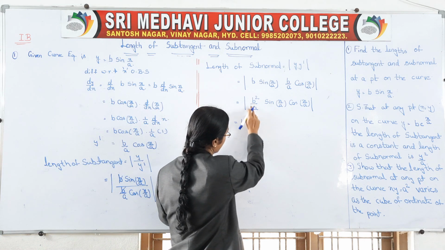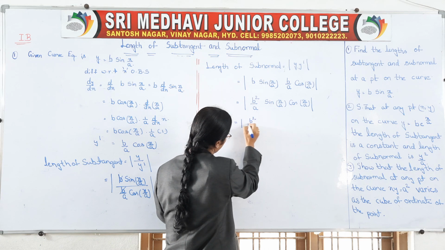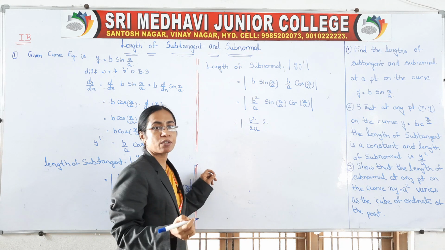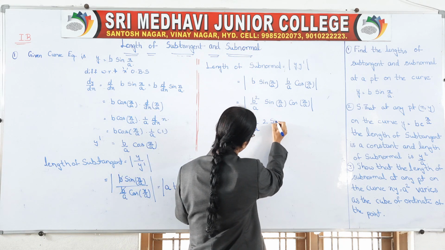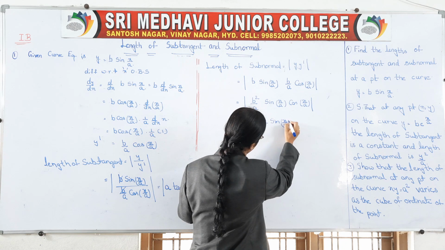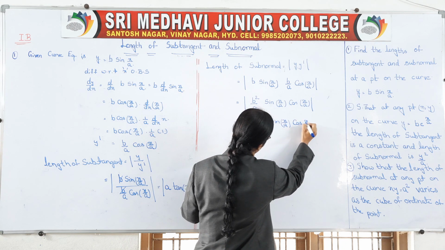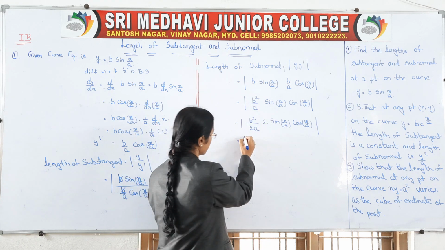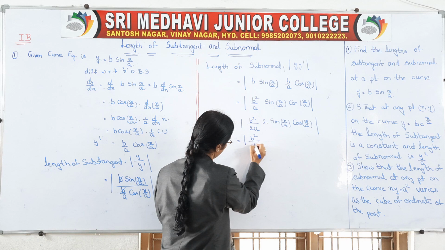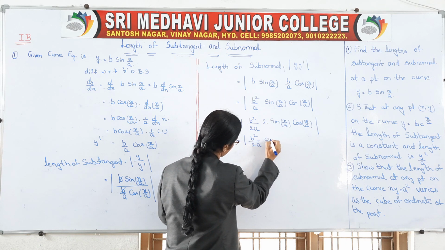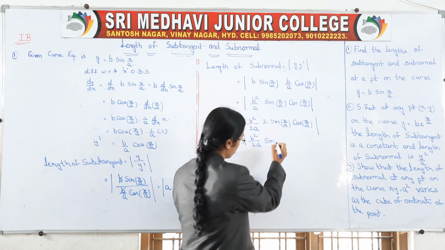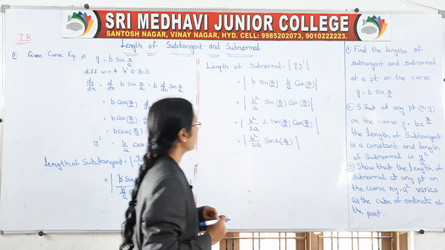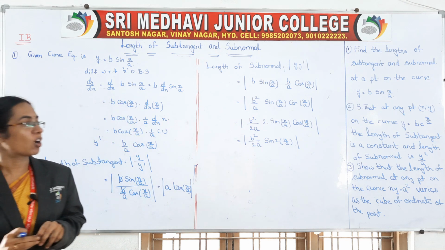So multiplying and dividing, b square by 2a, along with this we can take 2 into sin of x by a into cos of x by a. Okay, so it is nothing but modulus of b square by 2a sin 2 theta form. So sin 2x by a is the answer for your length of subnormal.